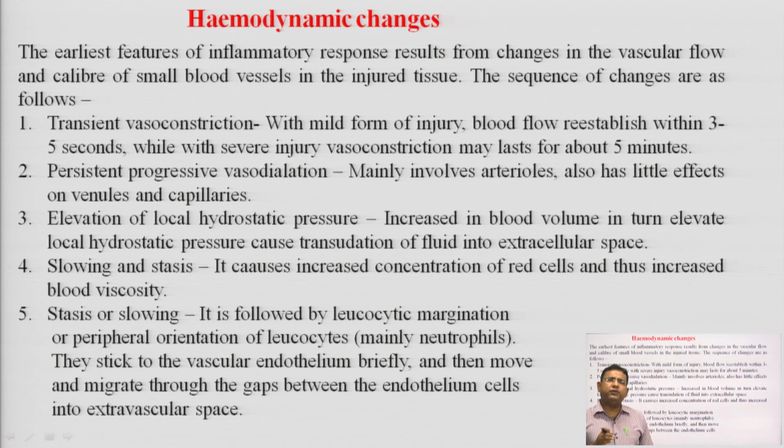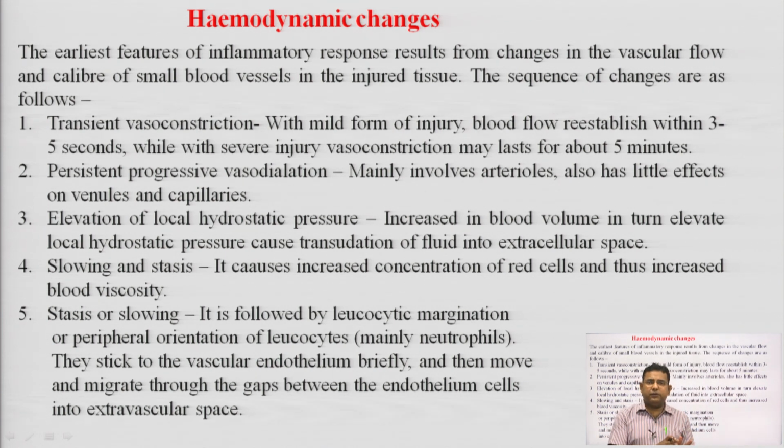Persistent progressive vasodilation mainly involves arterioles, and also has little effect on venules and capillaries. Persistent means continuous, progressive means it is slowly increasing, vasodilation means blood vessels dilate. So, dilation will increase persistently.